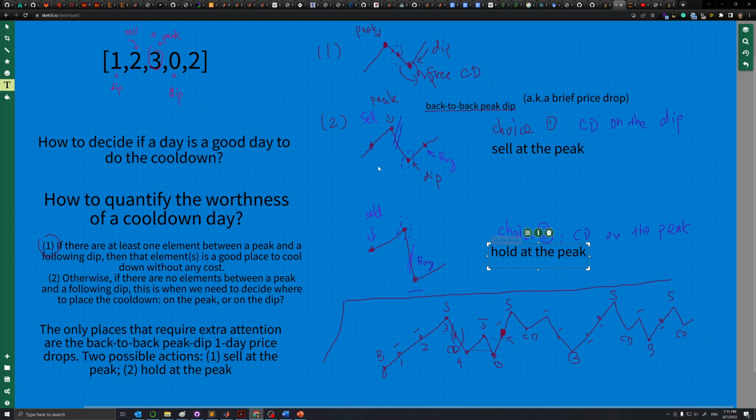If this is a peak, that means the previous value is less than this current peak, so you could have sold beforehand, meaning selling here. That way you can at least start buying at the new dip. You either take advantage of the peak or you take advantage of the dip. That's kind of a heuristic. So instead of saying hold at the peak, we want to say empty at the peak.